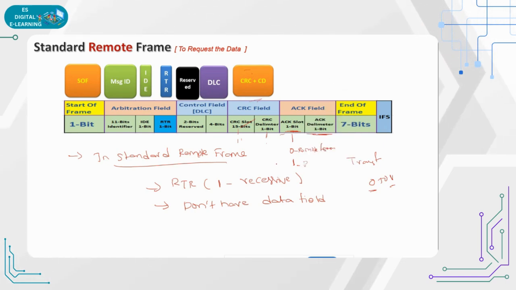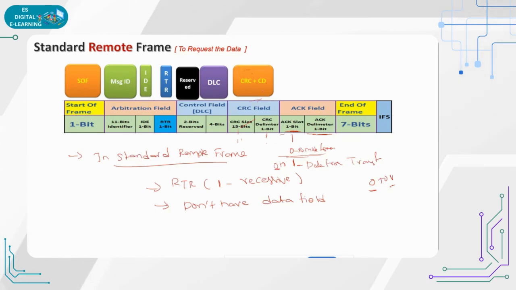It means during transmission, the state is changing from 0 to 1. So that is what the data frame will be. This you need to say in the introduction. This is the acknowledgement slot and acknowledgement delimiter. So this is one point.